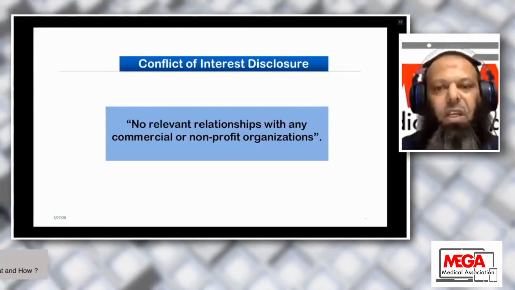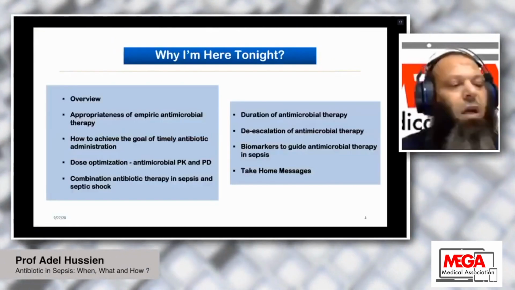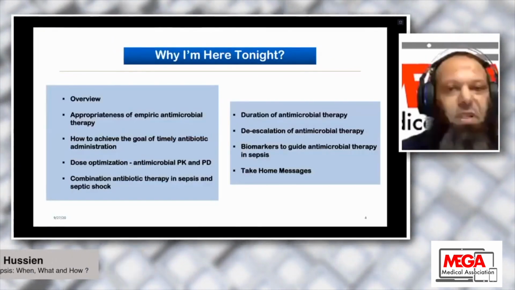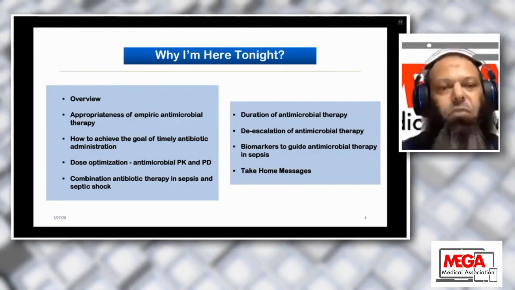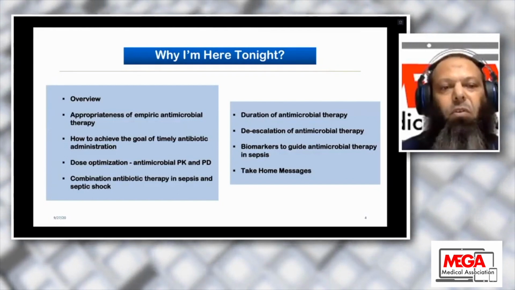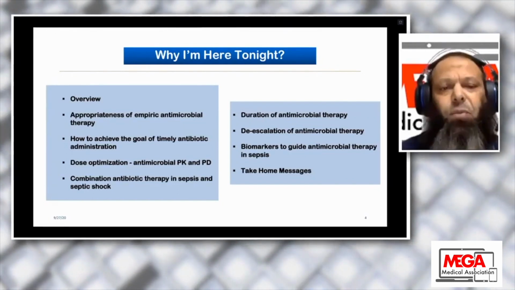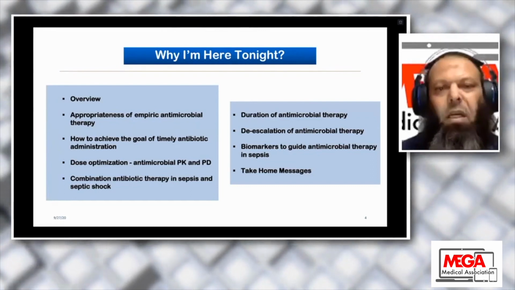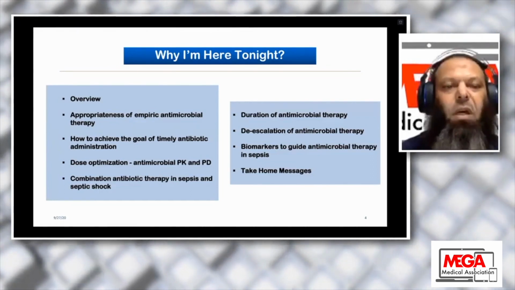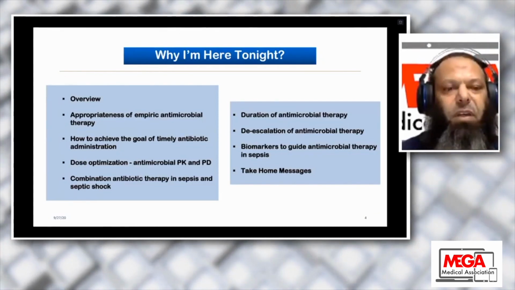I have no relevant relationship with any commercial or non-profit organizations. These are the objectives of my presentation tonight. I will give just a short overview first, then I will highlight the important pillars of the antibiotics coverage in sepsis. First is the appropriateness of empirical antimicrobial therapy.